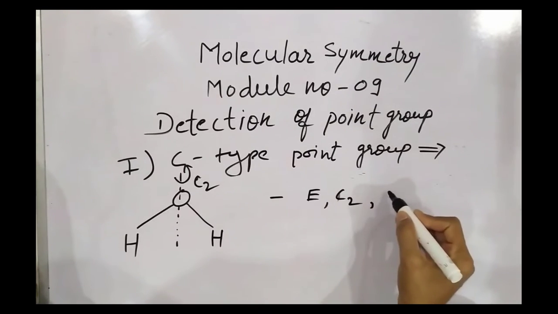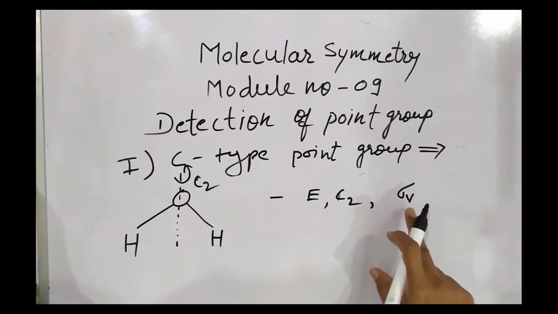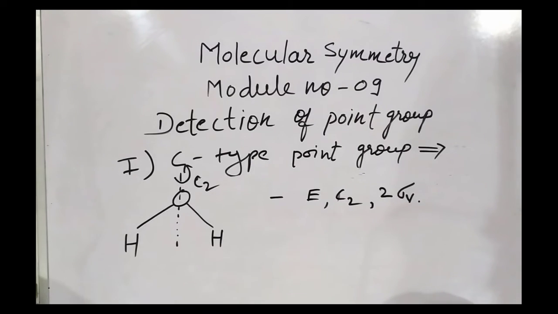Parallel to the principal axis means we have vertical planes. How many such vertical planes do we have in the water molecule? 2. So I am writing down identity, C2 and 2 sigma present in the water molecule.